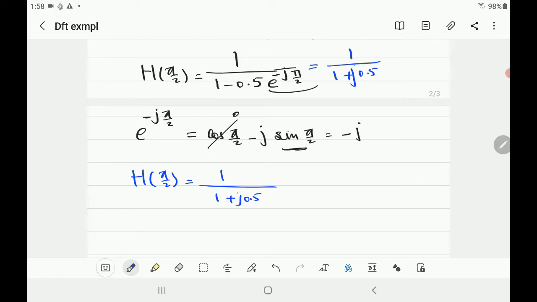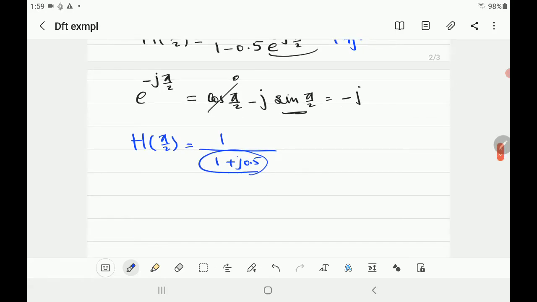I can still make this complex number simpler by representing it in polar form. I take 1 plus 0.5j, take the absolute value, the square root, to get the magnitude. The magnitude is equal to, rounded, 1.12. And the angle theta will be equal to tan inverse of the imaginary over the real, which is 0.5.